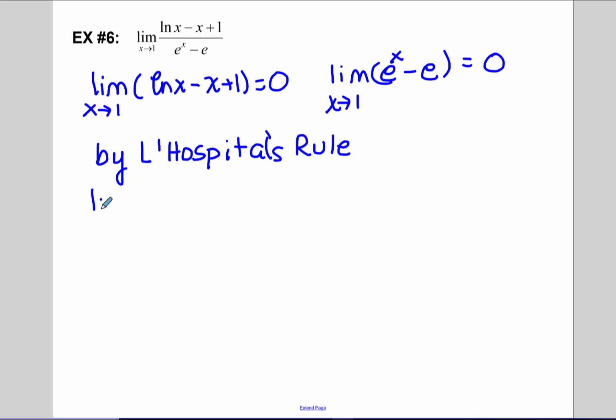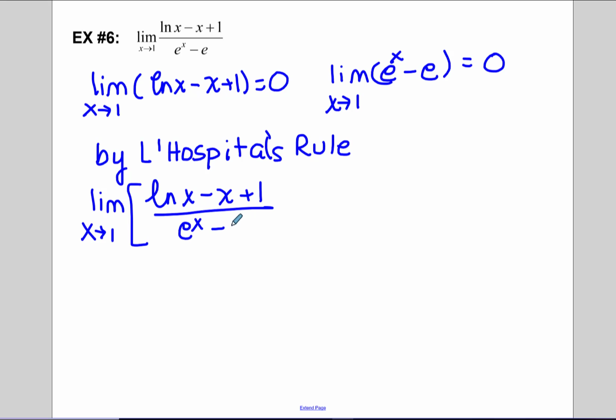And rewrite the limit as x goes to 1 of natural log x minus x plus 1 over e to the x minus e as a limit of the derivatives.